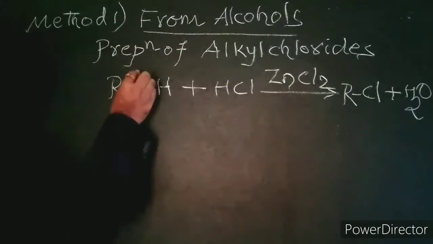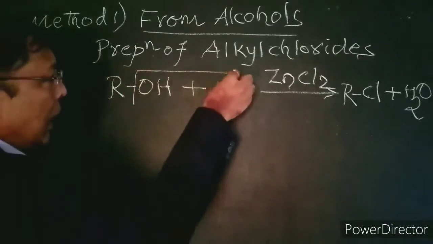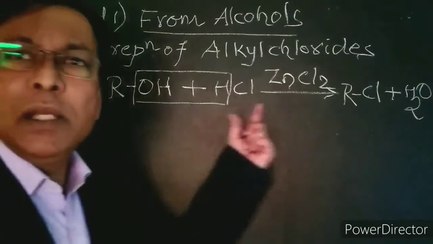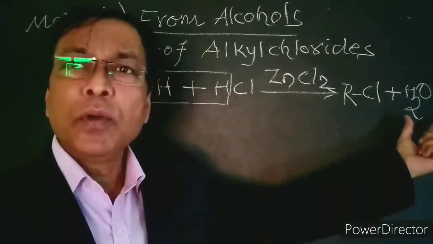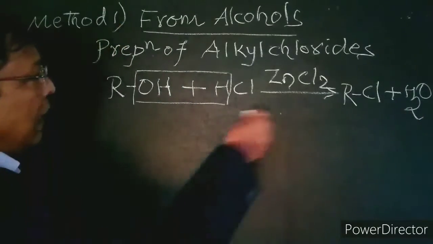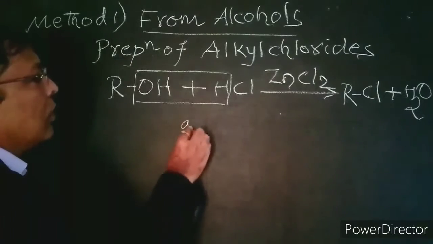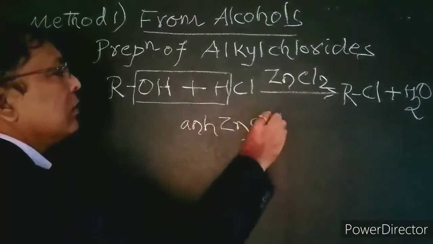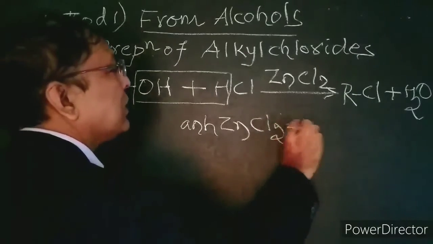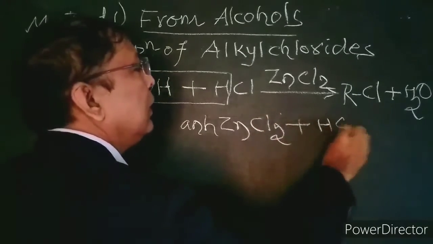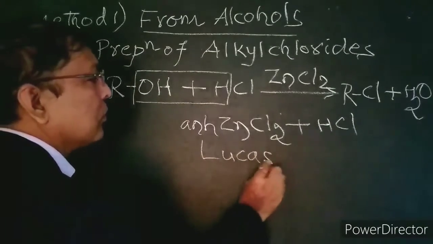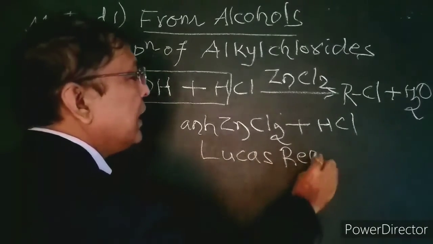Here the OH group and hydrogen are eliminated in the form of H2O, and the mixture of anhydrous zinc chloride and HCl is called Lucas reagent.